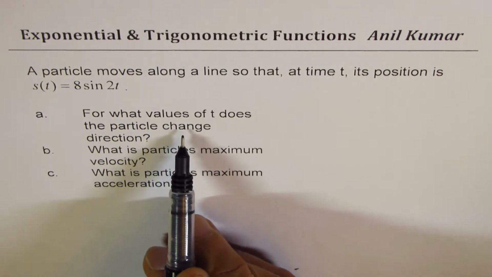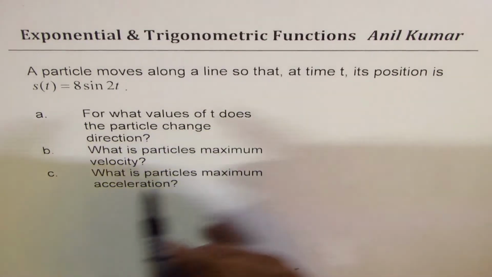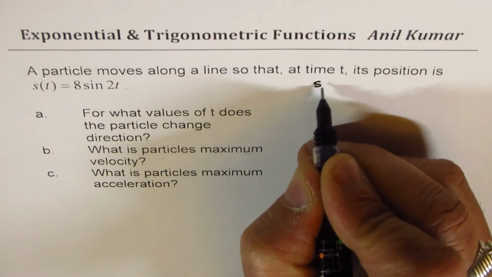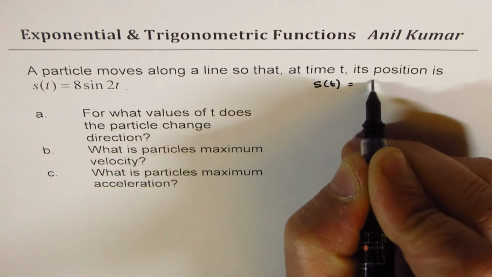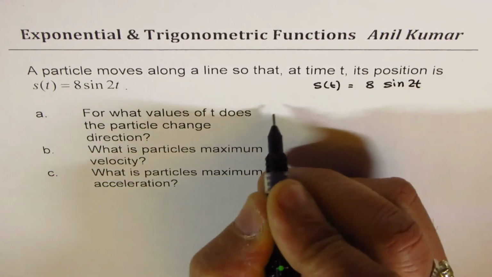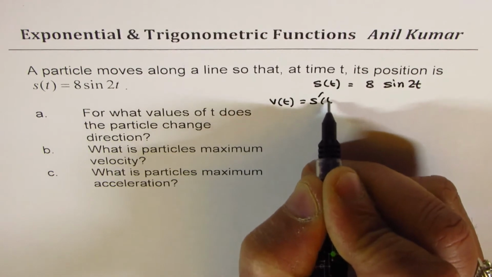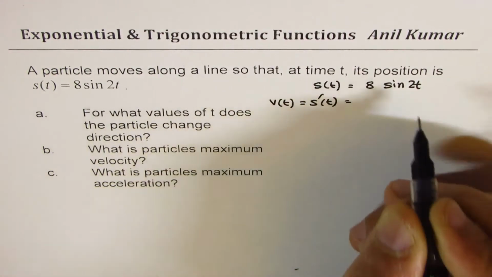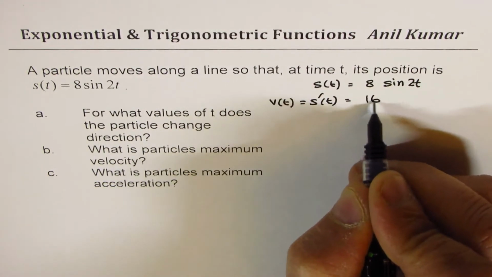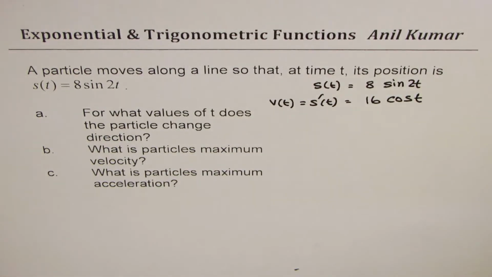The particle will change direction when at that time the velocity has to be 0, right? So basically we are given the function s of t equals 8 sine 2t. Let's find its derivative. That will give us the velocity, right? So velocity is the derivative of this function with respect to time. So 8 times 2, 16 cos t will become the derivative.